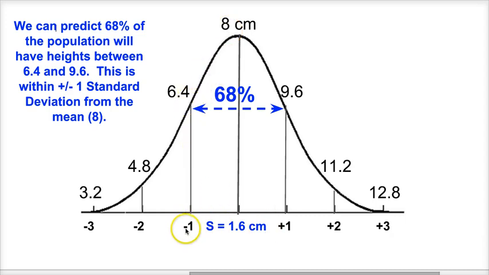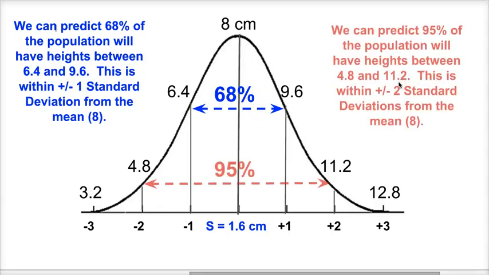So this is called plus 1 standard deviation. This is minus 1 standard deviation. So between plus 1 and minus 1, we call that 1 standard deviation, right? And we say 68% of my normally distributed curve fits in this area. So we can predict that 68% of the population will have heights between 6.4 and 9.6 within 1 standard deviation, plus or minus.